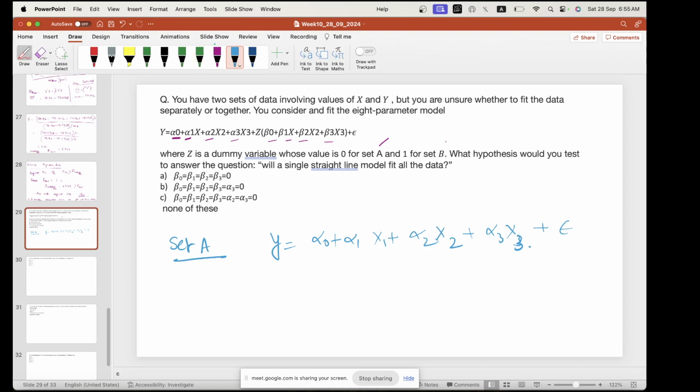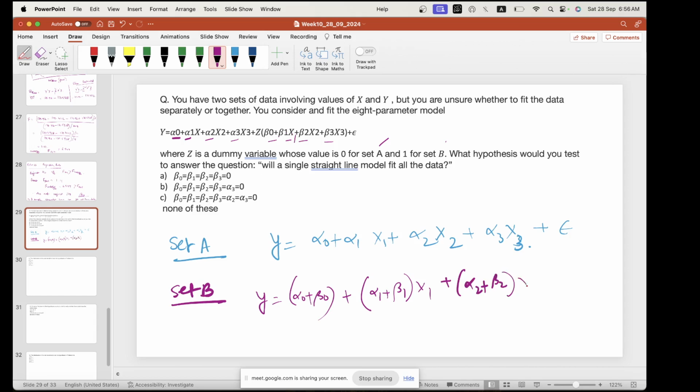And if it comes from set B, then the model becomes y equal to alpha naught plus beta naught, plus alpha 1 plus beta 1 into x1, plus alpha 2 plus beta 2 into x2, plus alpha 3 plus beta 3 x3 plus epsilon.